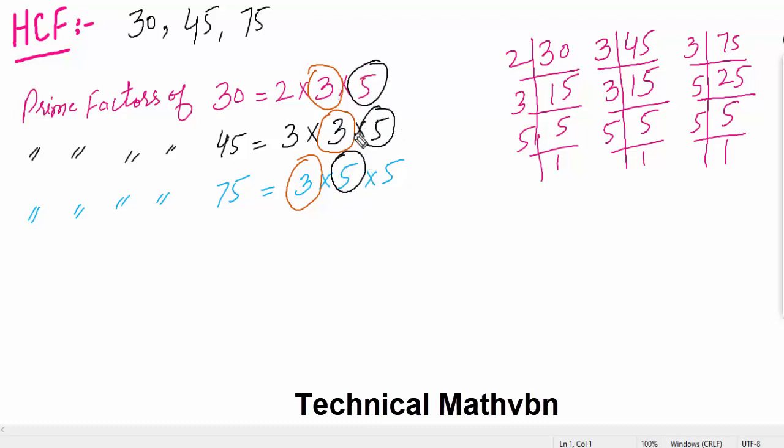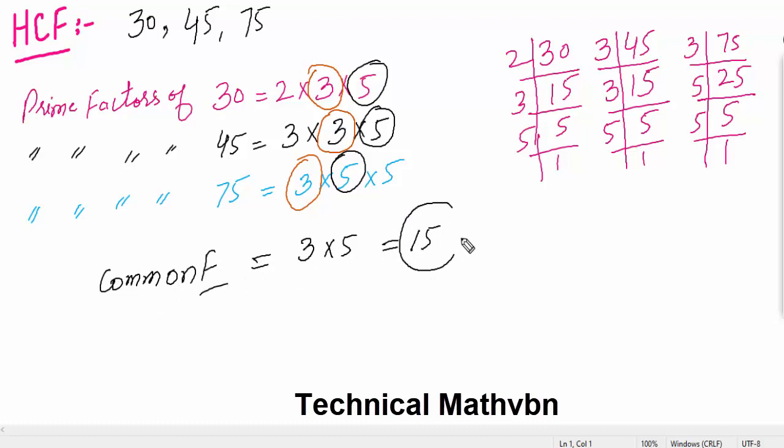So we have to multiply the common factors 3 and 5, that is 15. So the HCF of these numbers 30, 45 and 75 is 15.